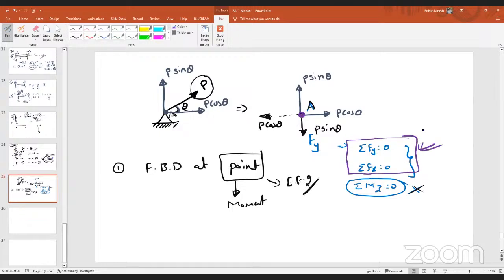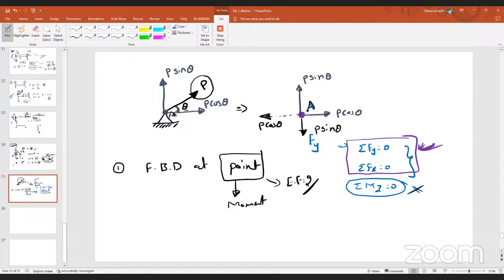Two, right? Not only in a truss problem, wherever you consider a free body diagram at a point, always we have to satisfy these two conditions. Why? Because as it is a point, we may not define the rotation. So always we have to make sure that these two equations are satisfied.